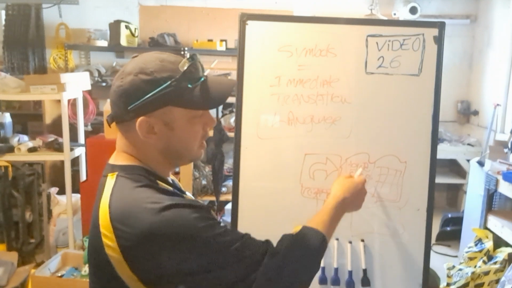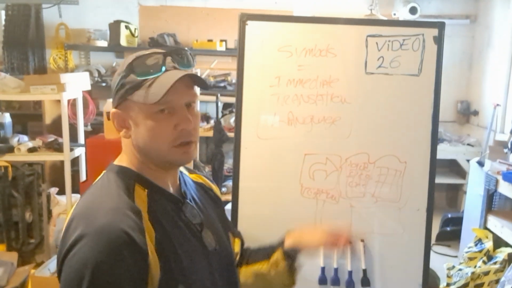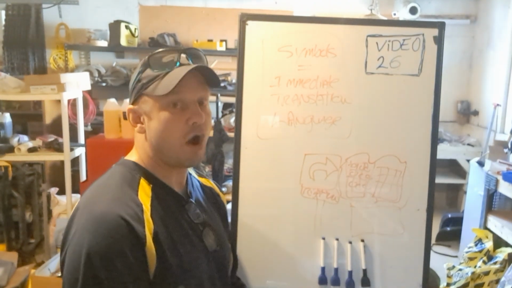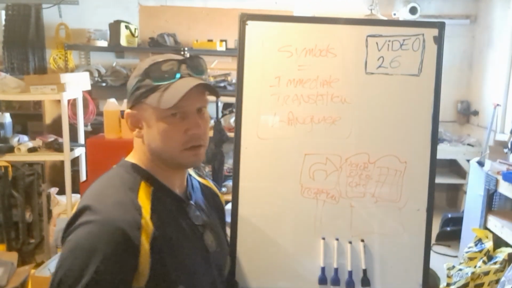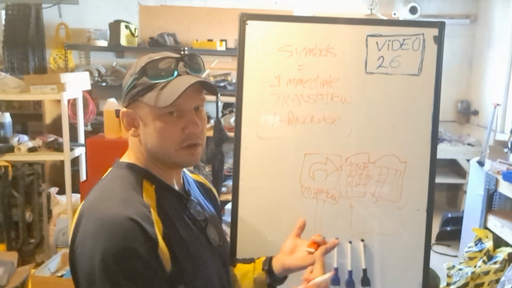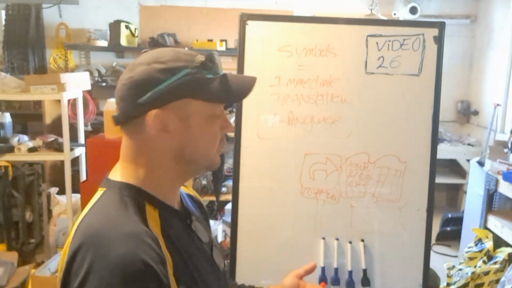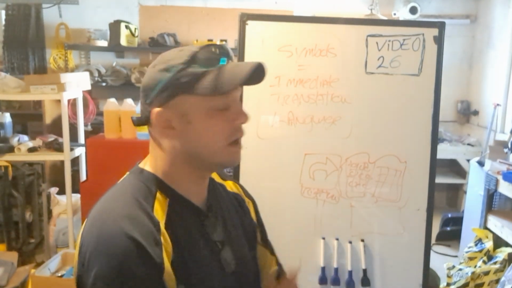Also, each symbol and its location could be on a card, with the location of that card being where it would be on the map or within the book, because it's the same thing, just a different layout.